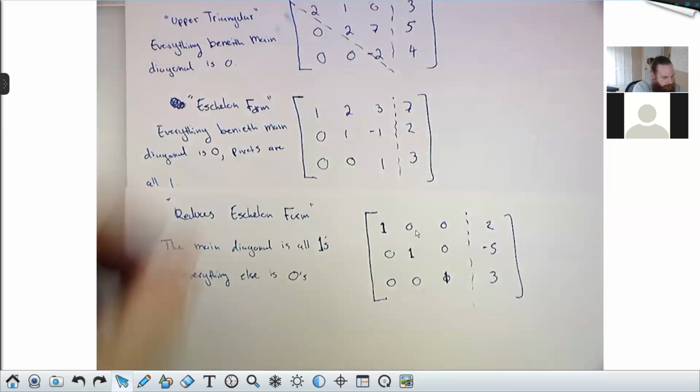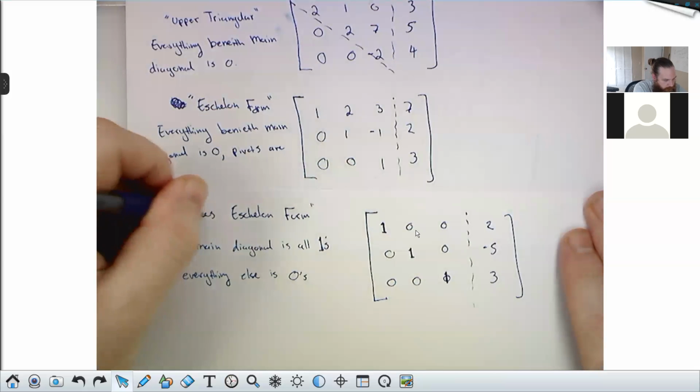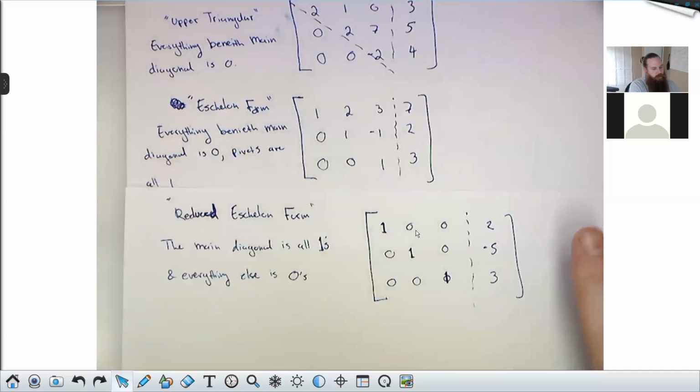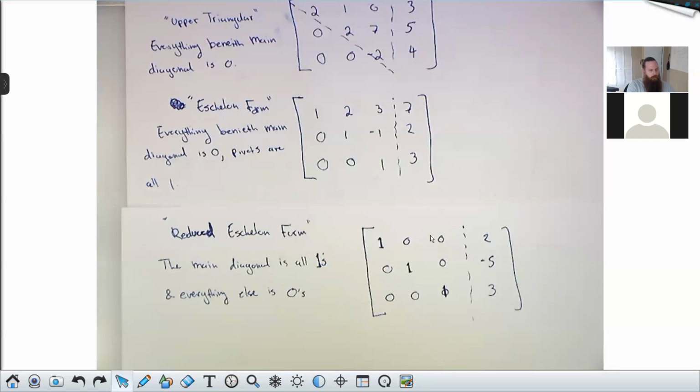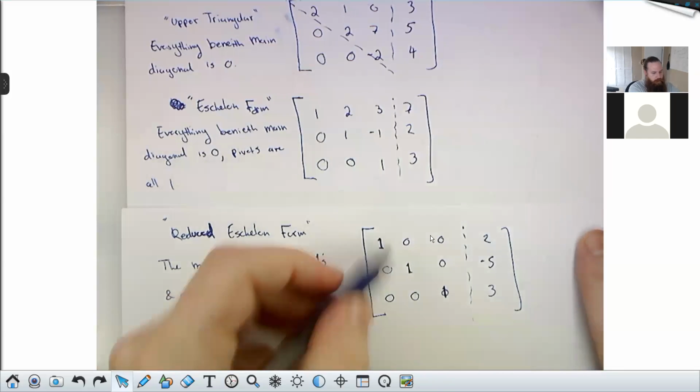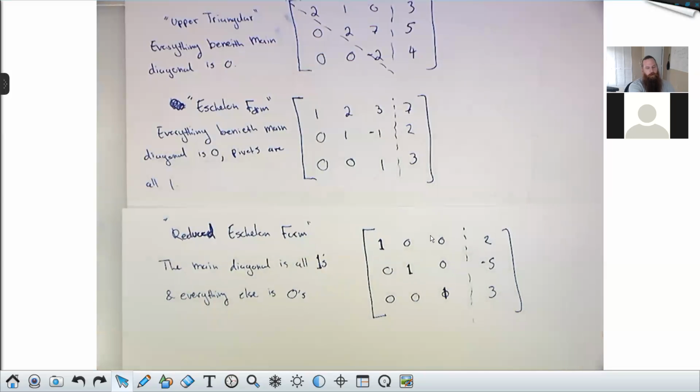Reduced. R-E-D-U-C-E. Oh, I said reduces. Reduced. The reduced row echelon form, this form, has some importance because the name of this matrix is called the identity matrix.